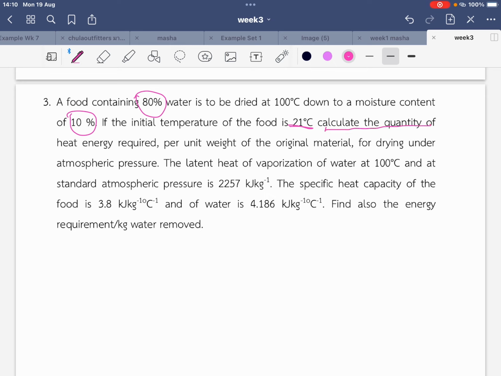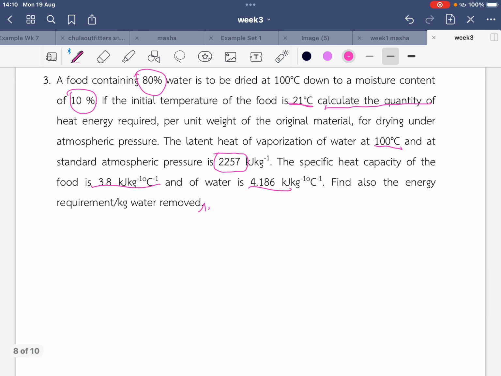The latent heat of vaporization of water at 100 degrees and atmospheric pressure is 2,257. The specific heat of food is 3.8, and also the energy requirement. Water removed.